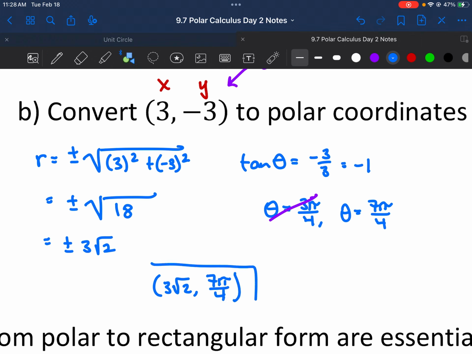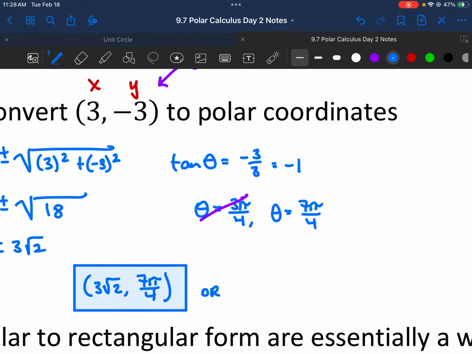Okay. Now, if you remember from the previous set of notes, we talked about if you change your r value to be negative, you can add or subtract pi. We wouldn't add pi because that would put you over 2 pi.